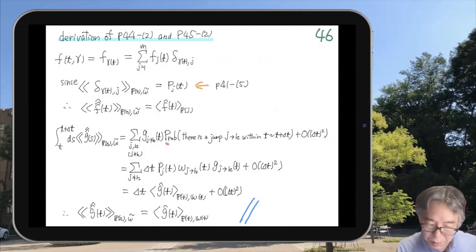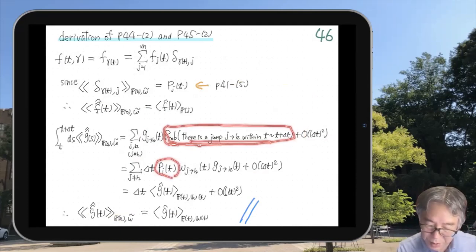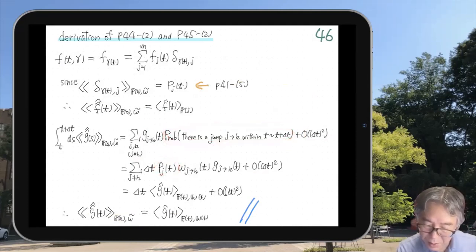Okay, now we look at this probability. To get this event, we have to, first of all, be in the state j, and then there must be a jump from j to k, okay? And within this time interval, the probability is basically this times this, okay? And this is this.